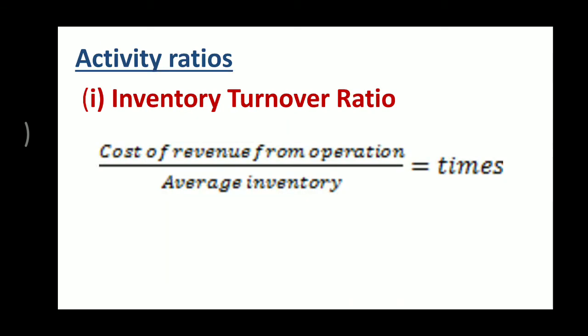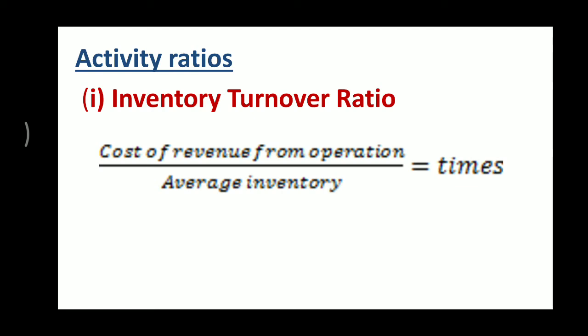So the formula of inventory turnover ratio is cost of revenue from operation divided by average inventory. We will be getting it in the form of number of times. This ratio simply tells how many times the inventories are converted into sales, because cost of revenue from operation is the total cost of goods sold.